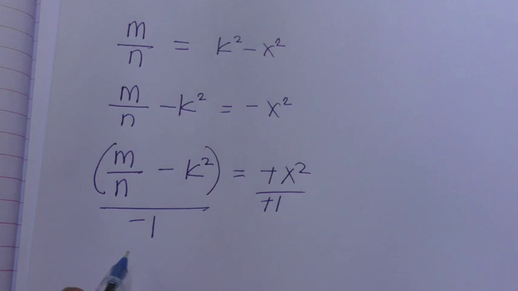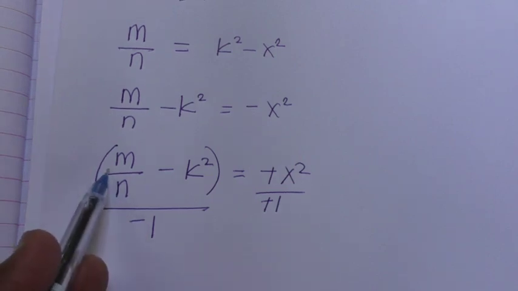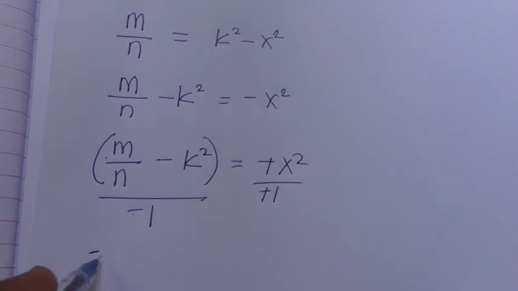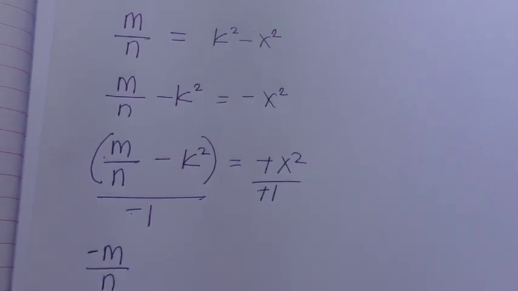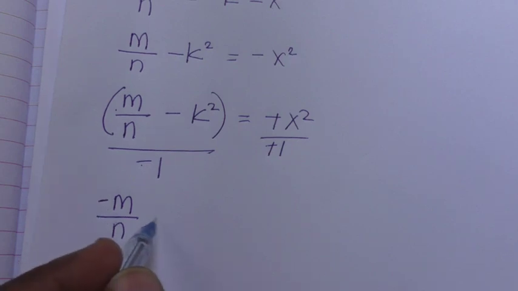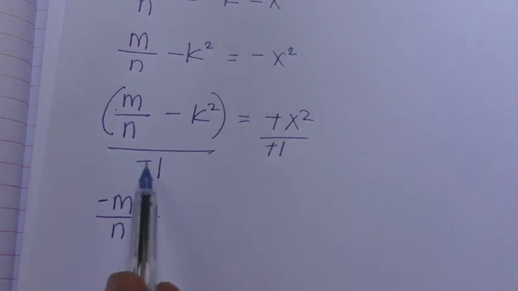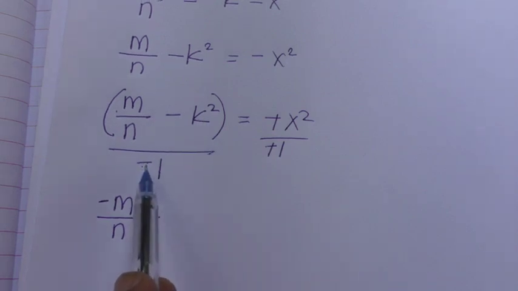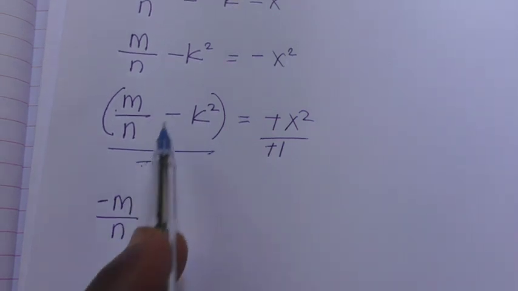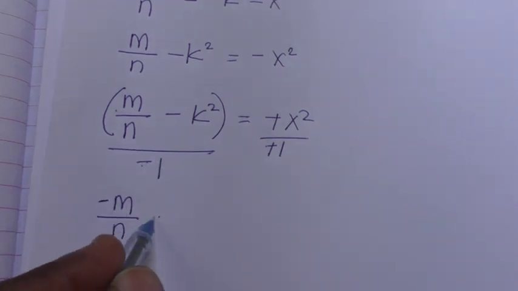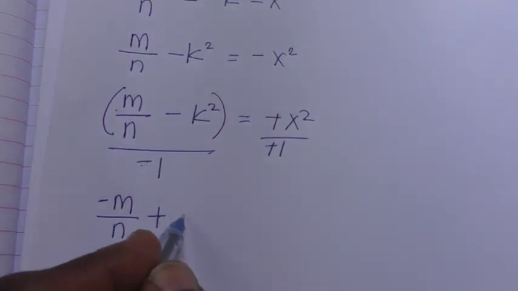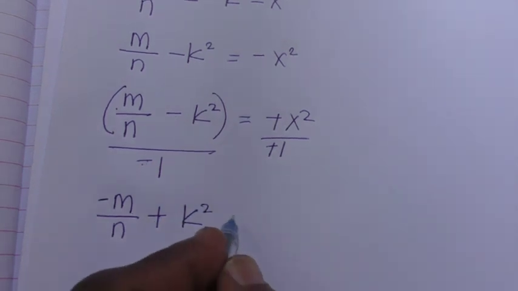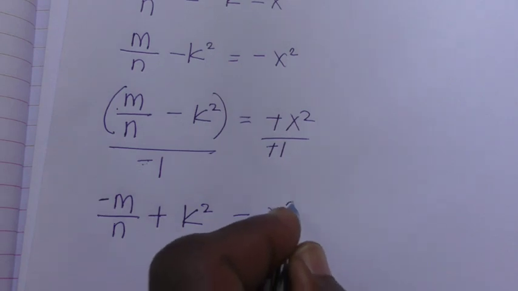Therefore, we shall have negative m over n minus, and now we shall divide this negative k squared by the negative 1. A negative divided by a negative will give us a positive. And therefore, we shall have plus k squared equals x squared.